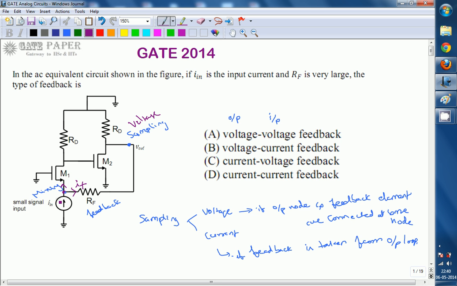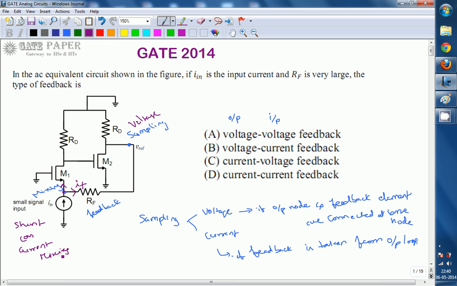So this mixing is called shunt mixing, or current mixing. If the input signal is a current signal, that is always current mixing, because currents can be divided only in shunt.